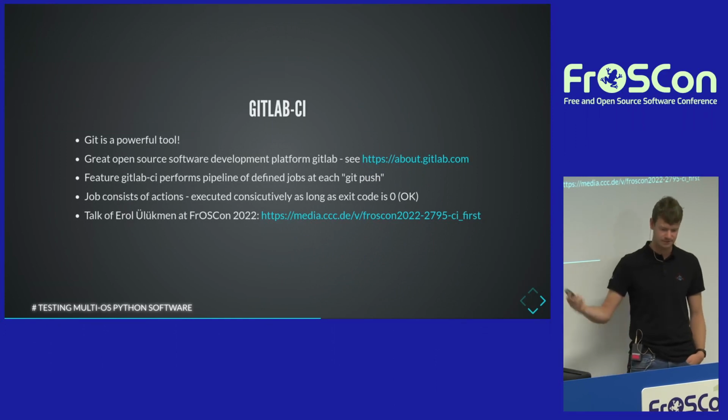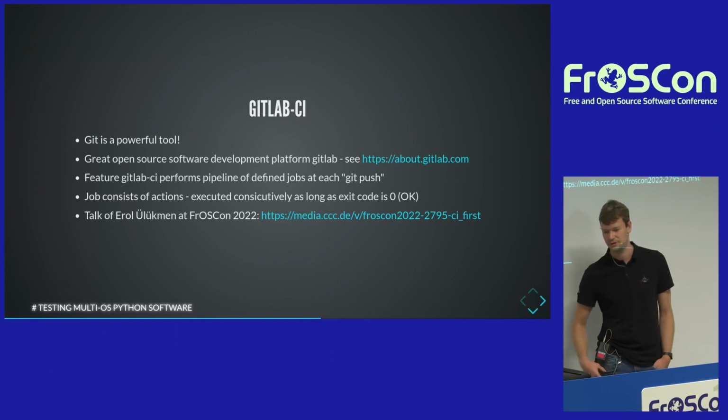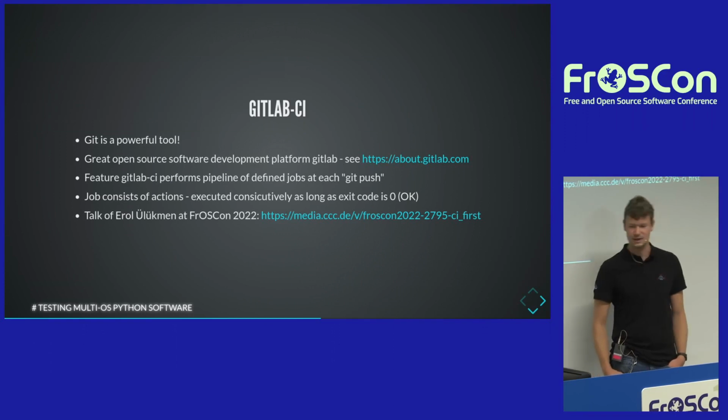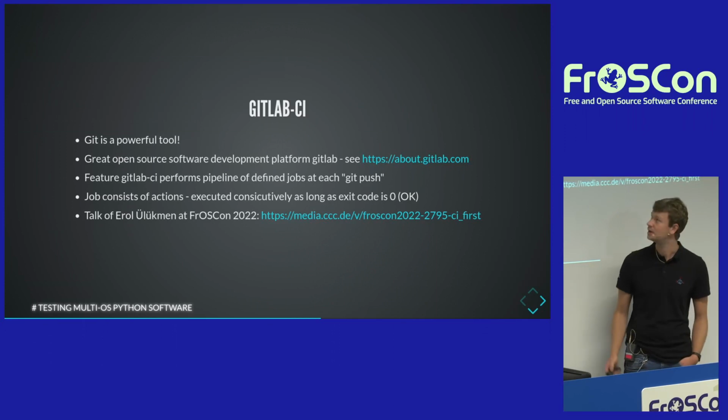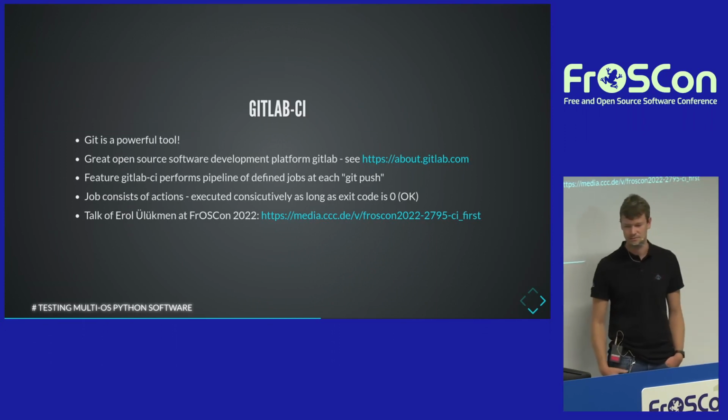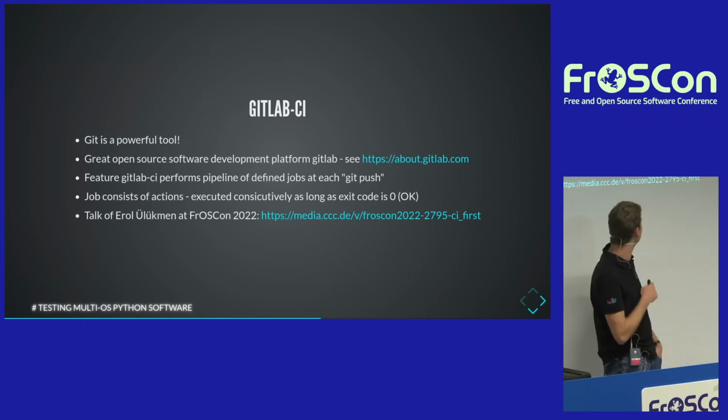First of all, Git is a very powerful tool. I recommend using that for any kind of development purposes. You probably know it. And there's GitLab, which you maybe also know. They're an open source software development platform. You can see the website over there.